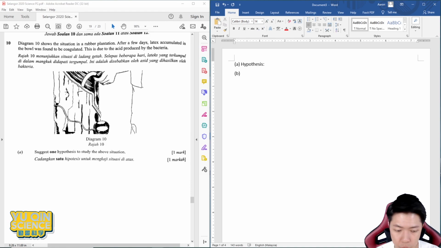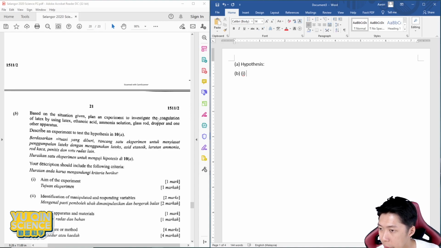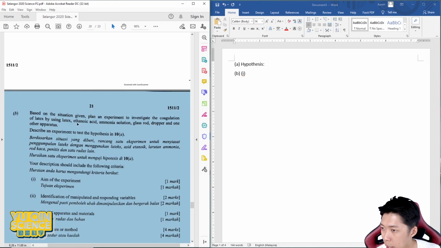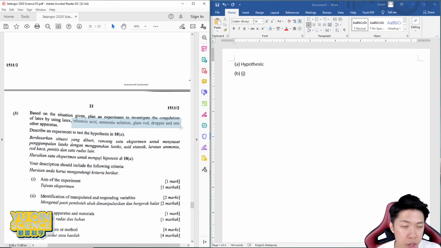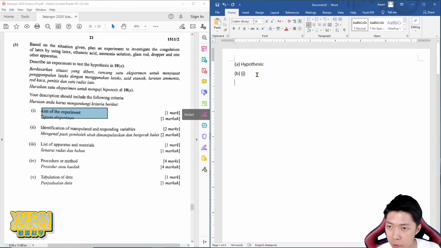This is your B1. According to B1, we need to write, based on the experiment, coagulation of latex. Sometimes they give you free materials, which is good. Later you need to write the aim of the experiment, like B1, aim of experiment.